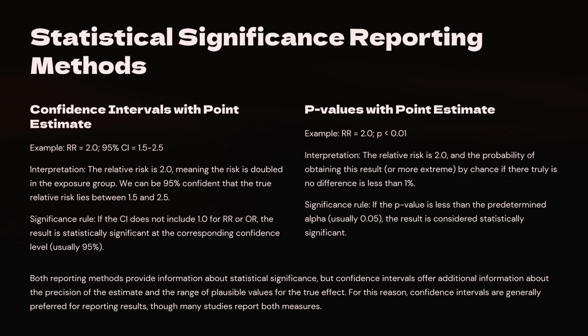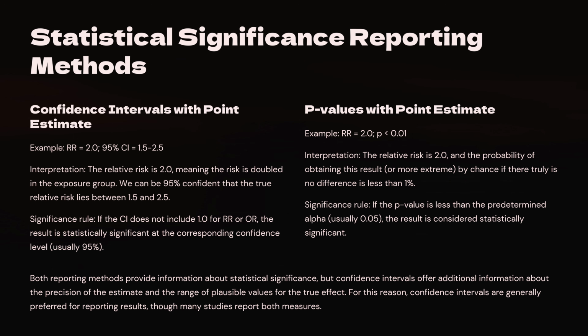It does not include 1, so the result is statistically significant, despite the fact that we don't have a p-value there. So 2.0, the relative risk here, we can interpret as it's doubled in the exposure group. And we could be 95% confident that the true relative risk lies somewhere between 1.5, so not quite a doubling, to more of a doubling of risk.